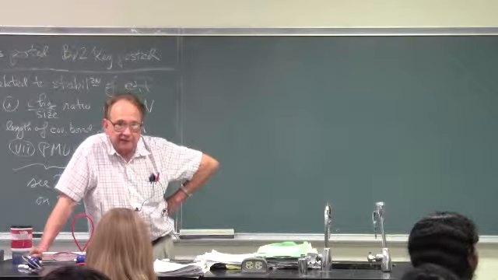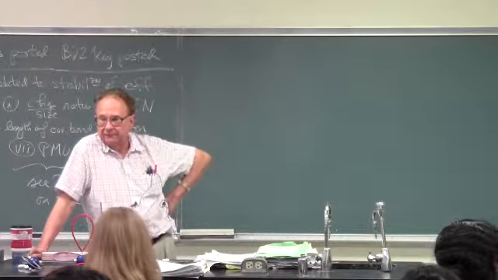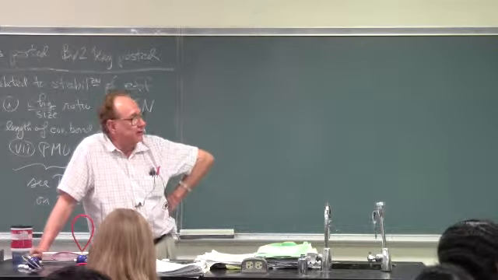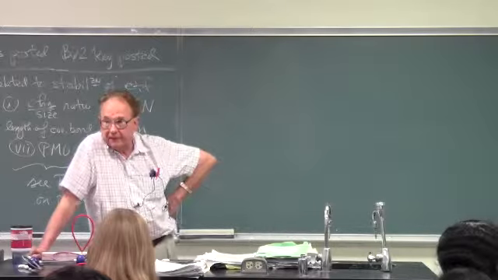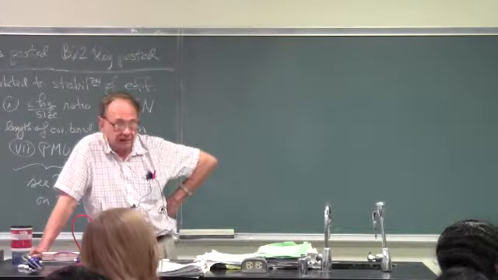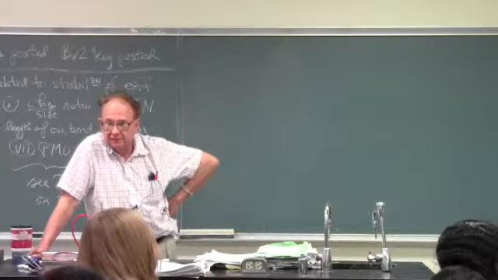So we shouldn't be surprised to find out that covalent bonds to nitrogen or oxygen or fluorine are commonly pretty strong. Not always. There are exceptions to this. We'll look at a couple of exceptions in a moment.